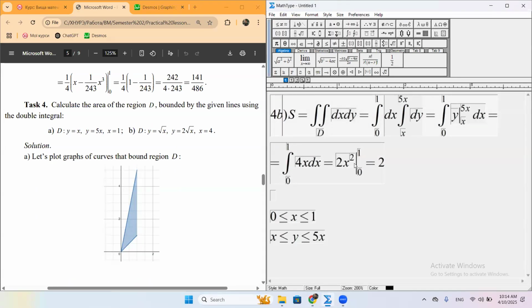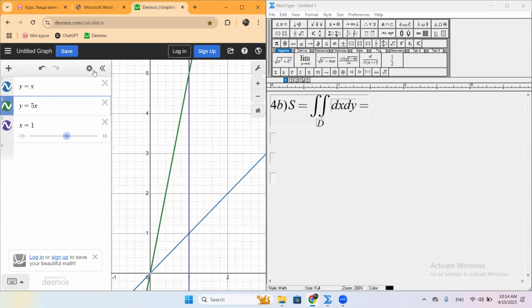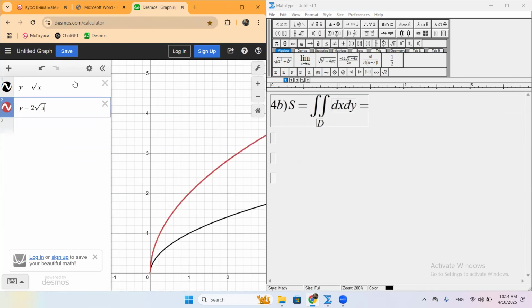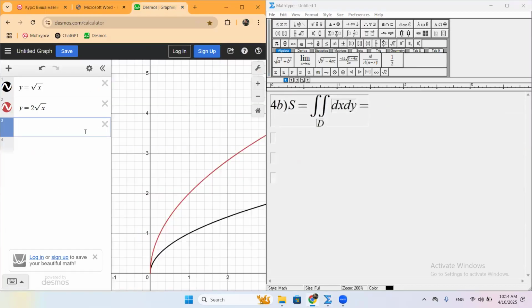And now we will calculate the area of another region bounded by the following curves: square root of x, 2 square roots of x, and x equals 4.